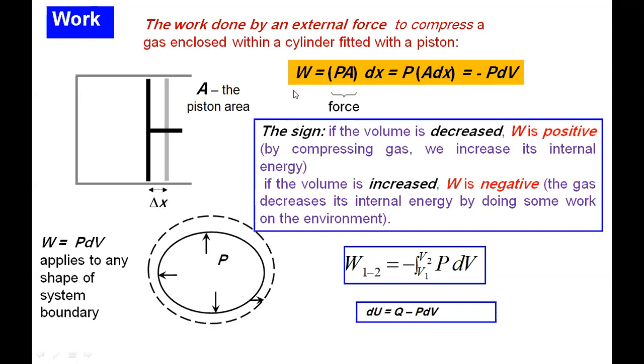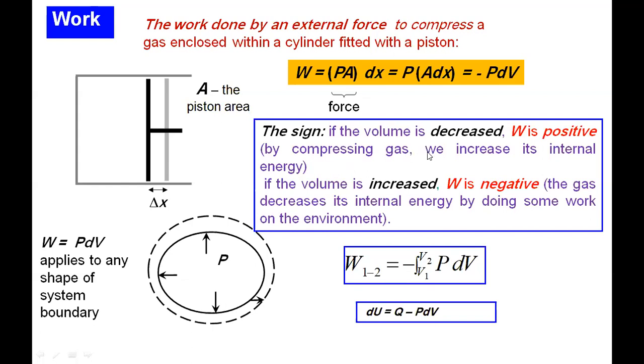So the work equals pressure times area times dx, and pressure times area is the force, which equals P times A times dx, which equals minus P dV. So if the volume is decreased, work is positive by compressing the gas, and we increase its internal energy.